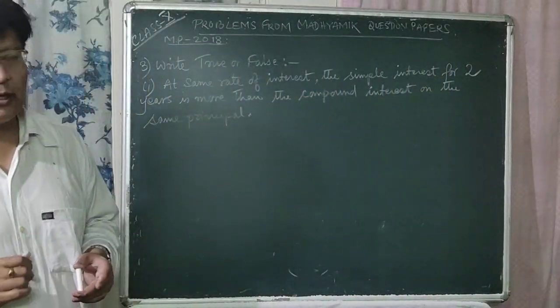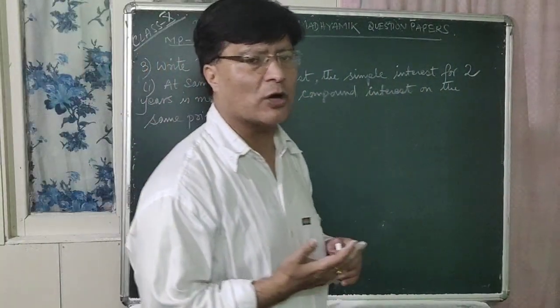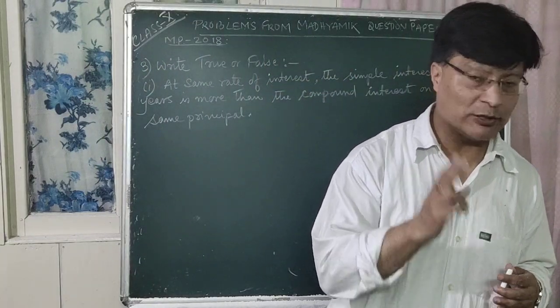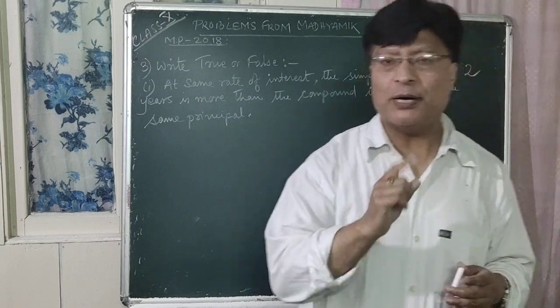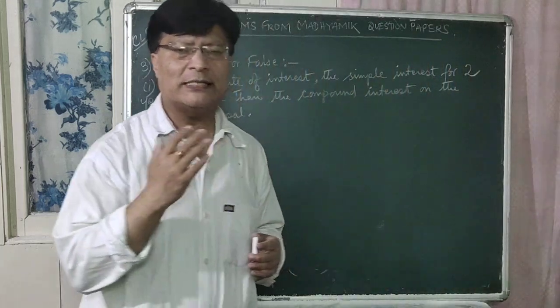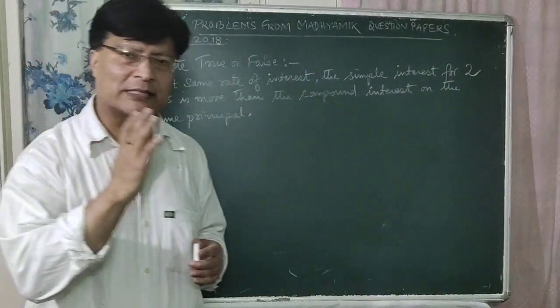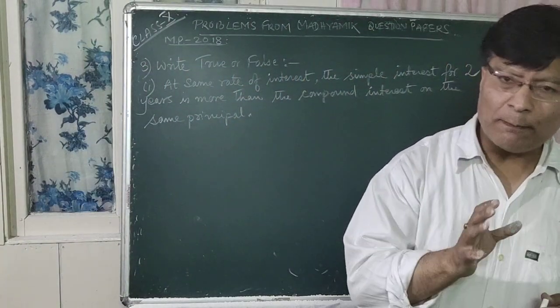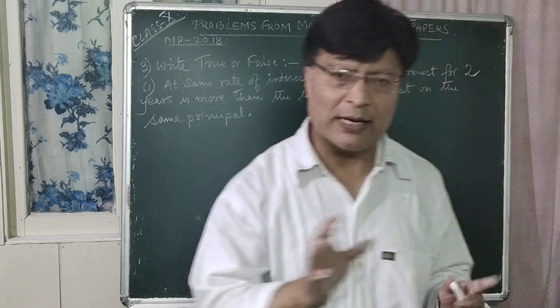So it is wrong, because compound interest is always greater than the simple interest. You should know that, right? But compound interest and simple interest are same for the first year.